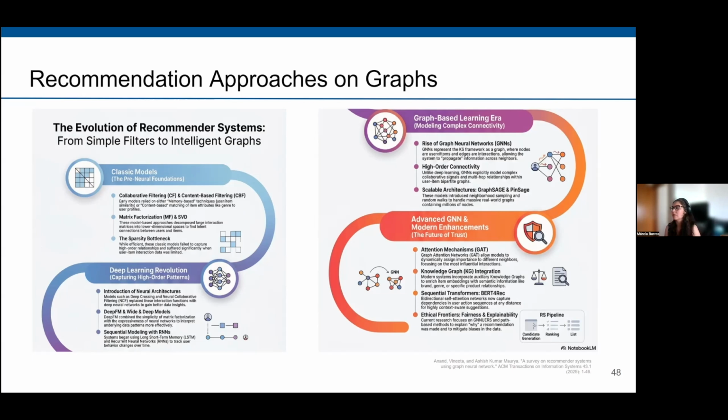And of course, more recently, we are putting together LLMs and knowledge graphs. So it's a very cutting-edge field of study in recommender systems.